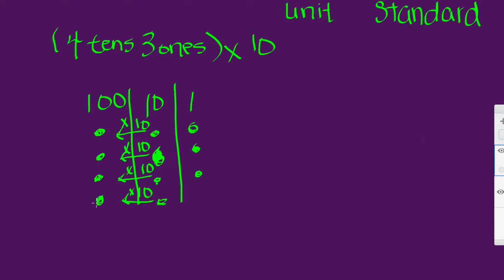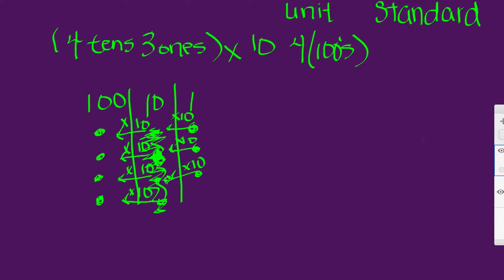So that gives you, if you're going to write this in unit form, 4 hundreds. Then these ones, if we times by 10, now 1 times 10 is the tens place. So this goes over here. This one goes this way. This one goes that way.